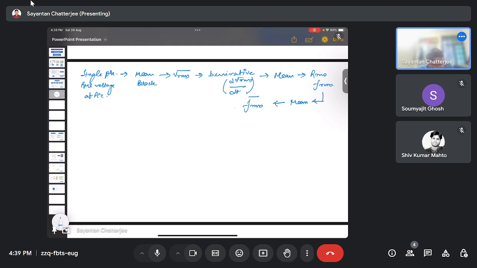And whenever this value is greater than or lesser than the threshold, that indicates islanding, whether the system is islanded or not. So if it is greater or lesser than the threshold, islanding is detected; otherwise, it is not detected.